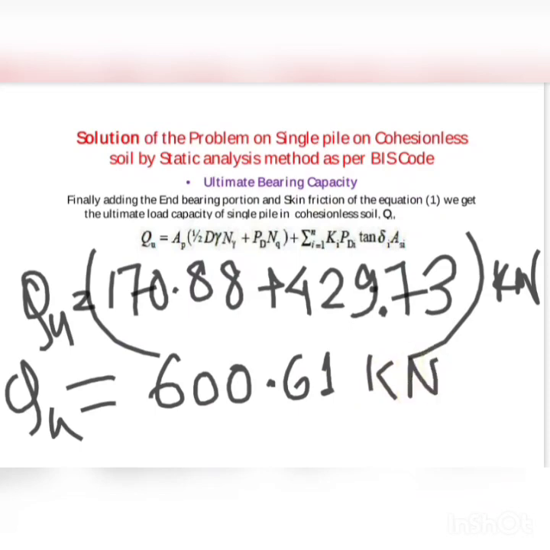So the ultimate load capacity of pile Q suffix U by static analysis on cohesionless soil given in this problem as per IS code is 600.61 kilonewton.